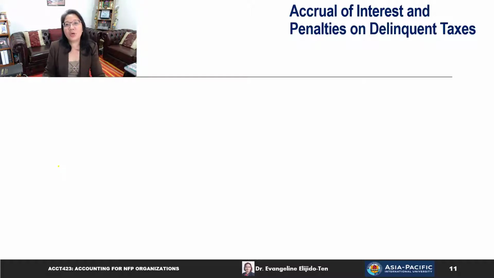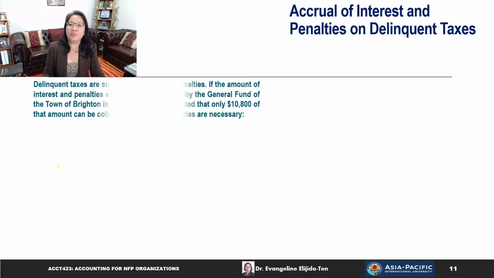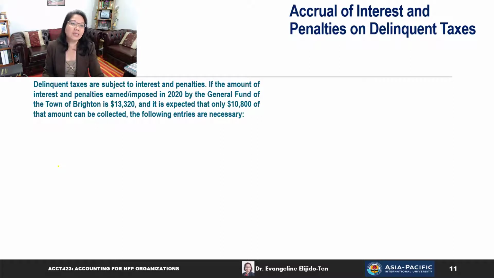Let's look at accrual of interest and penalties. Delinquent taxes are subject to interest and penalties. So if the amount of interest and penalties earned or imposed in 2020 by the general fund is, let's say, 13,320, and it's expected that only 10,800 of that amount will be collected.